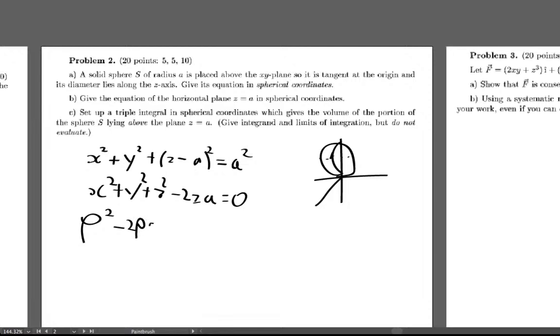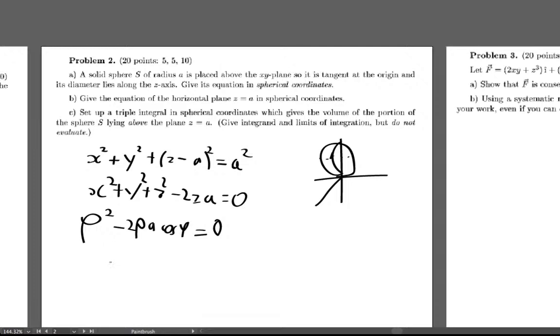Two rho a, sine psi, no, cosine, sorry my bad, cosine psi. Okay, this would equal 0, and this is basically one of the equations.